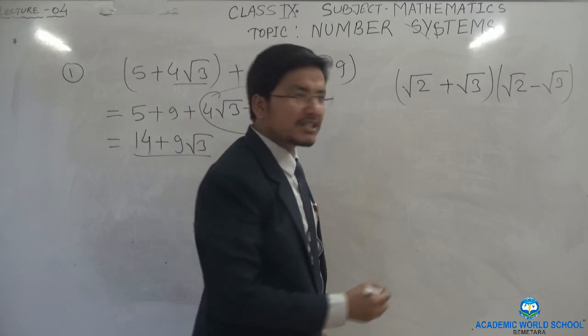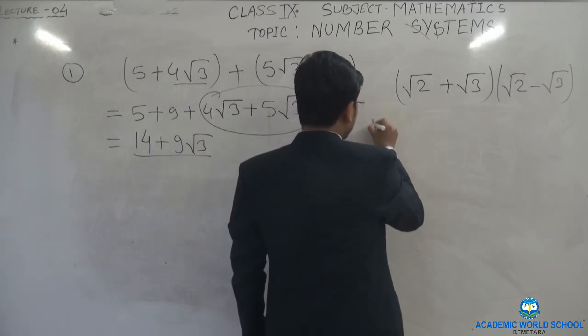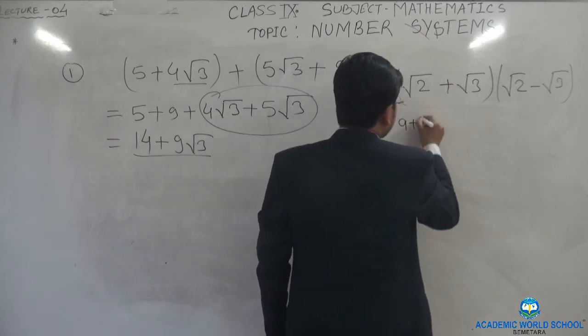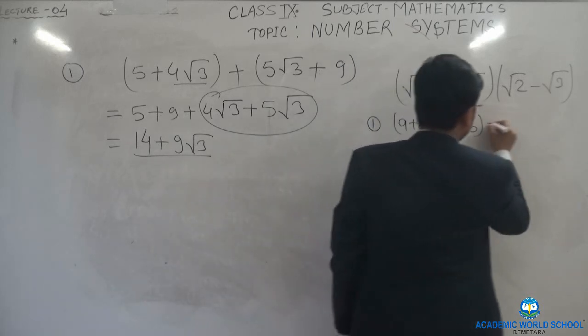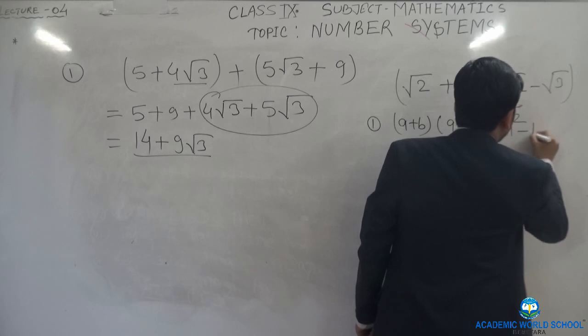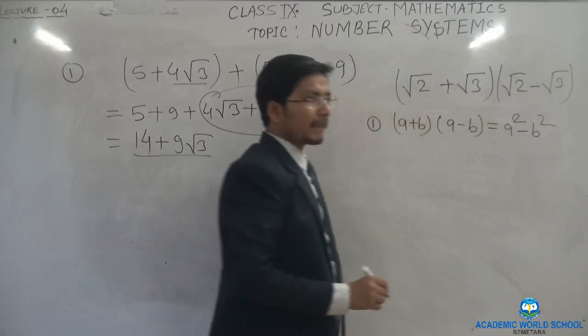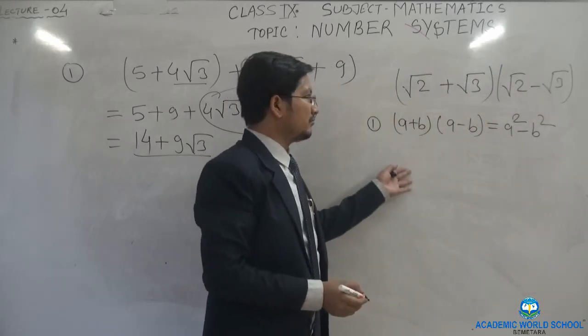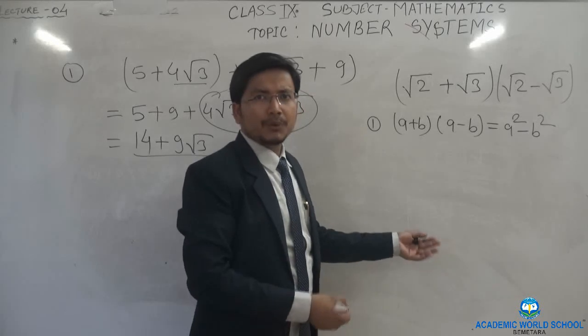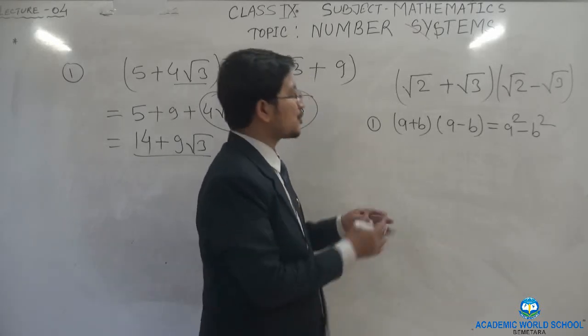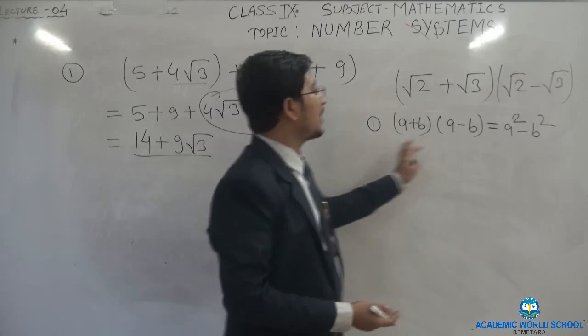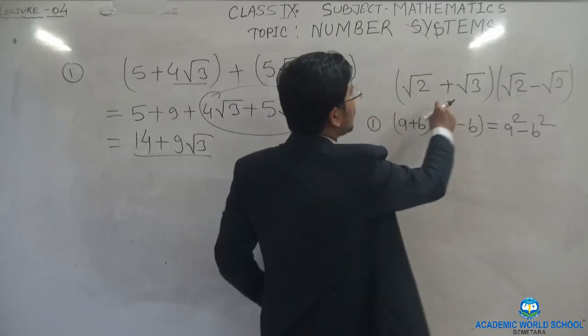So dear students, we know one formula, that a plus b into a minus b is equal to a square minus b square. What if we don't know? Not a problem. We are not going to memorize all these formulas. We can get it by solving it also.